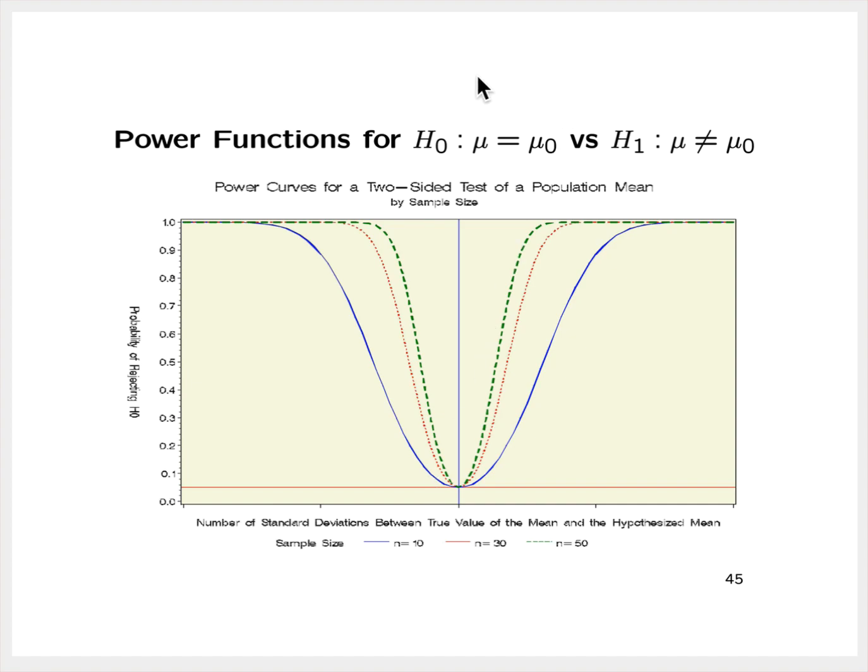You can see here that the null hypothesis is that mu is equal to some specified value mu sub 0, and the location of mu sub 0 on the horizontal axis is the point at which we've got this vertical line right there. So the null hypothesis is that mu is equal to mu sub 0 against the alternative that mu is different than that.